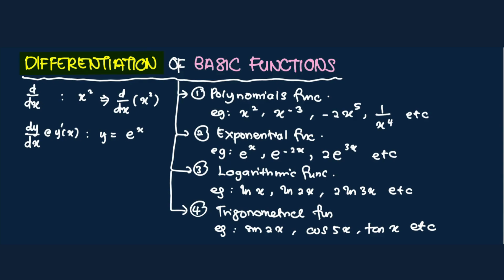So, in order to find the rate of change of this function y, which is the output function, with respect to the inputs x, you will write dy dx is equal to this function. Or y prime x is equal to d over dx of the exponent x.